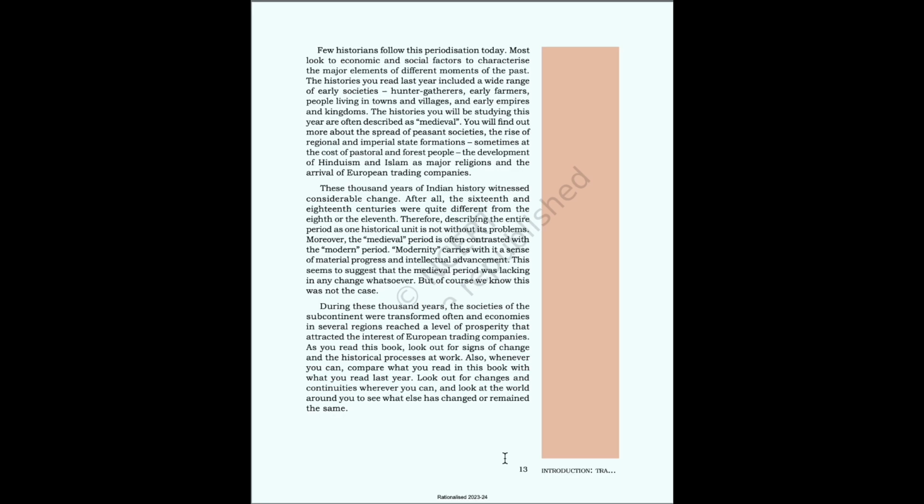You will find out more about the spread of peasant society, the rise of regional and imperial state formations, sometimes at the cost of pastoral and forest people, the development of Hinduism and Islam as major religions, and the arrival of European trading companies. These thousand years of Indian history witnessed considerable change.